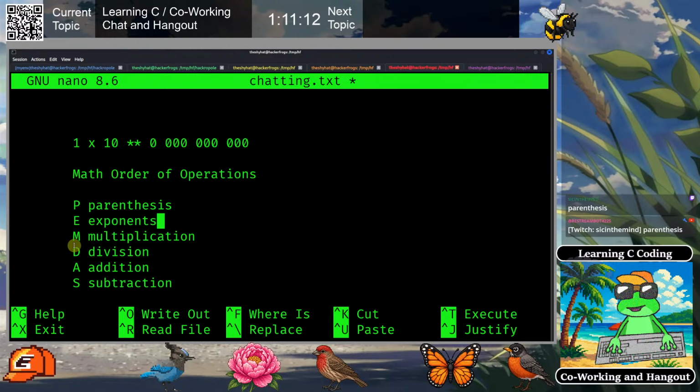So parentheses, exponents, multiplication, division, addition, and subtraction. So you do it in this order.